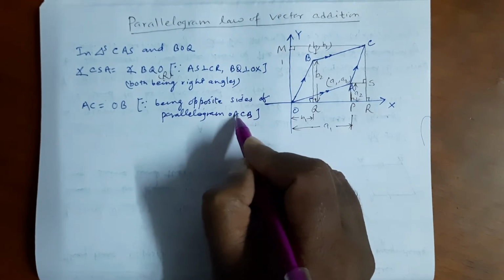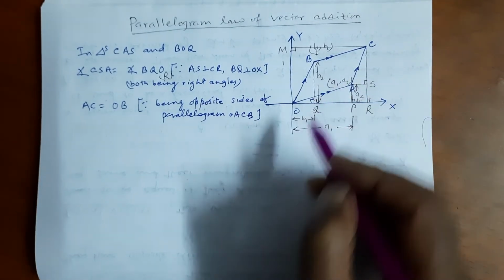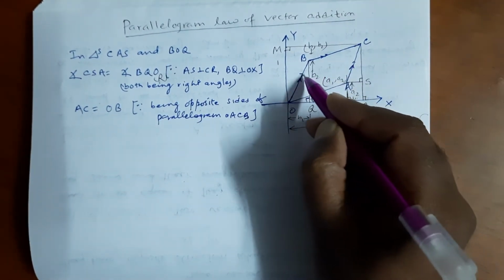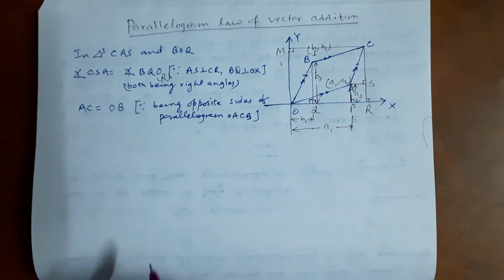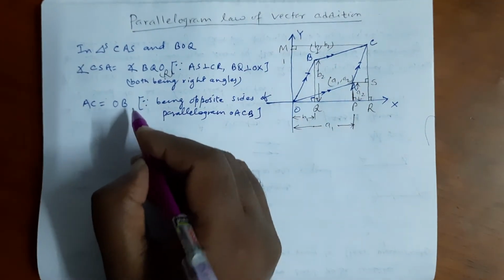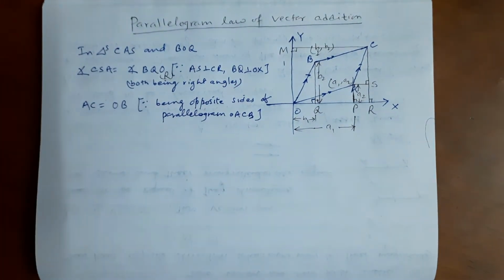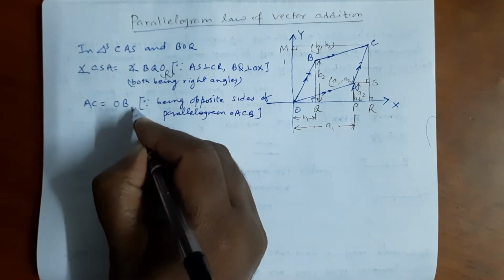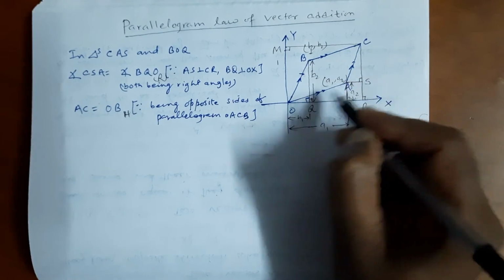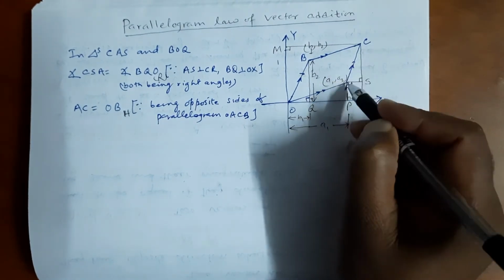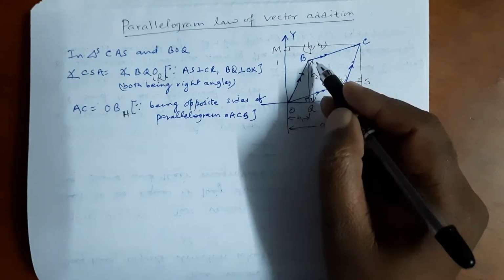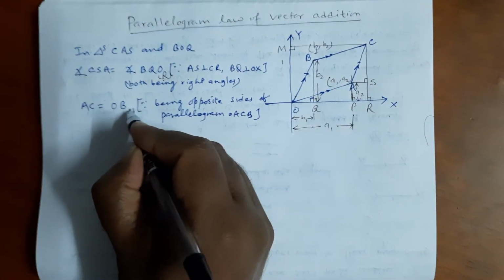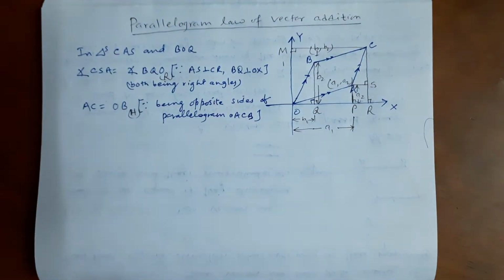Opposite sides of the parallelogram are equal, so AC equals OB. In bracket we can write S for hypotenuse, because as this angle is 90 degrees, opposite to this 90 degrees, AC and OB are the hypotenuses of the right-angled triangles.